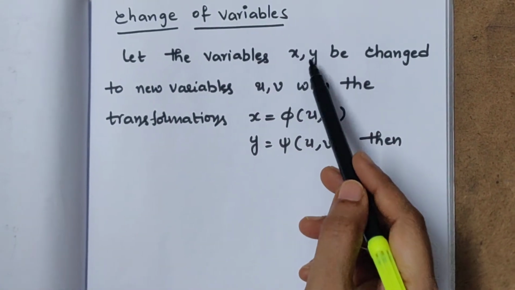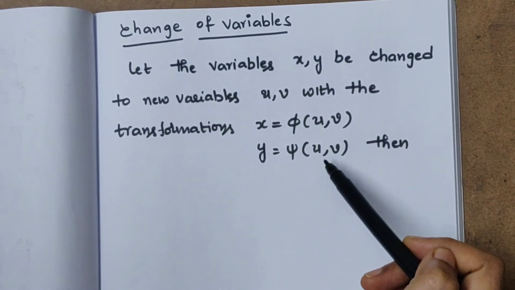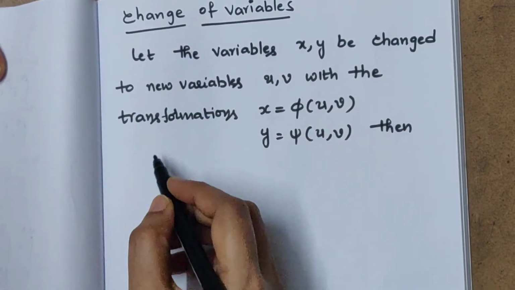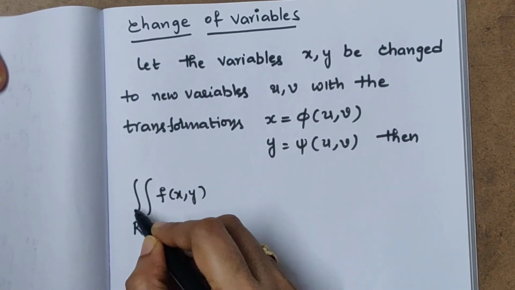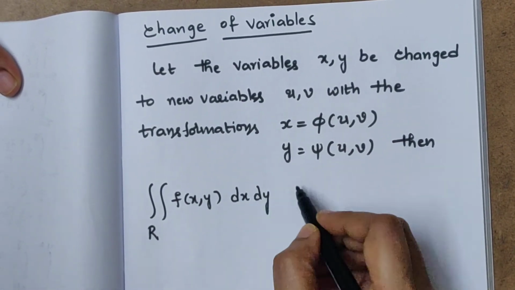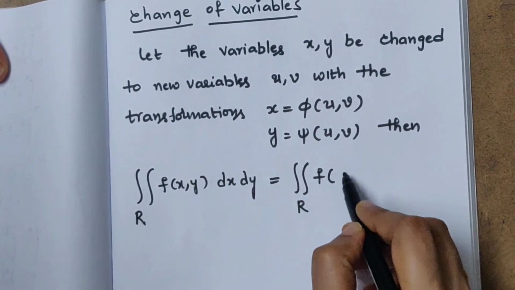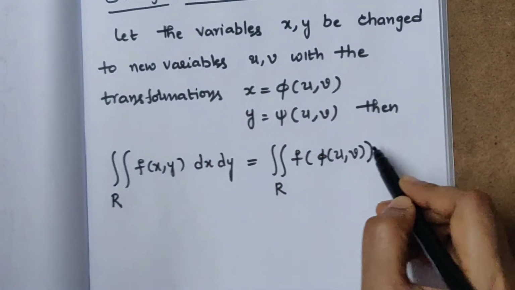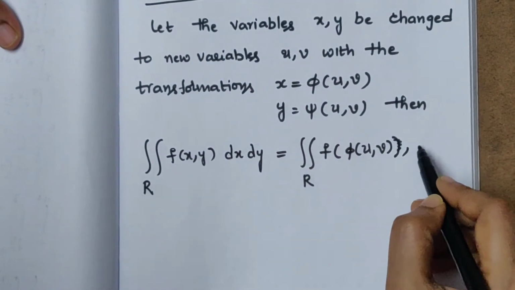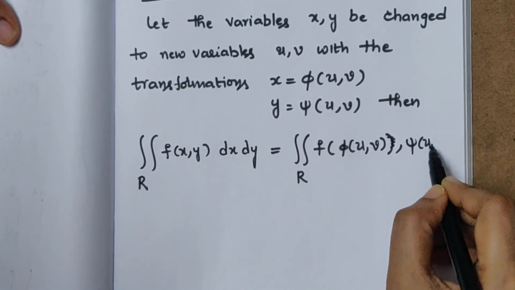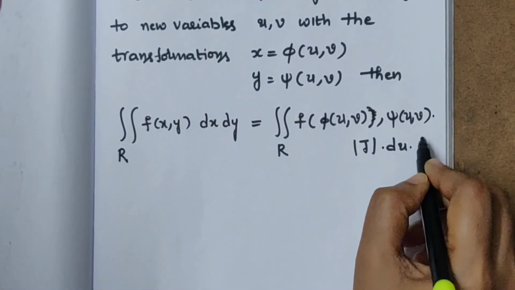So to convert the Cartesian variables x comma y into another type of variables u comma v with these transformations, if you apply these transformations, the Cartesian double integral over the region R, that means double integral f of x comma y dx dy, turns to the same double integral over the same region of f of, in place of x the transformation phi of u comma v, and in place of y psi of u comma v, into dx dy turns to Jacobian du dv.